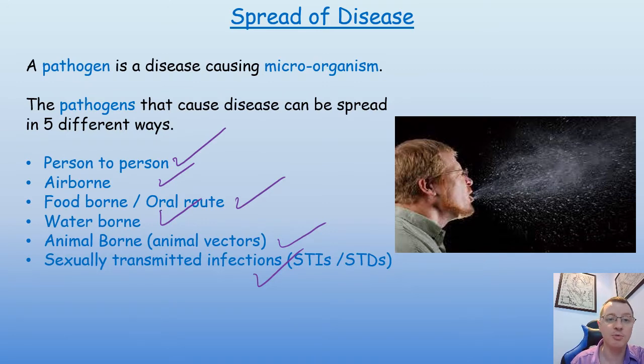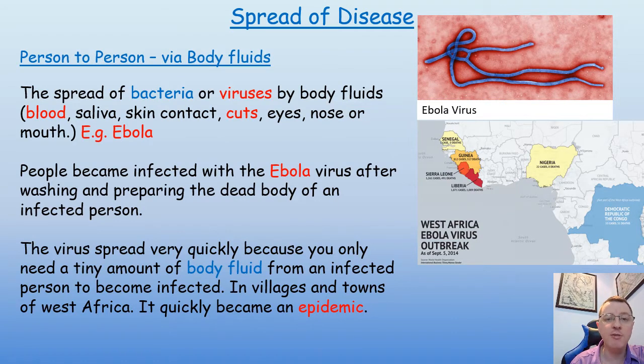The first method by which a pathogen can be spread is known as person to person, and this is often spread through bodily fluids, fluids such as blood, saliva, through skin contact, through cuts, through contact with the eyes or nose or mouth.